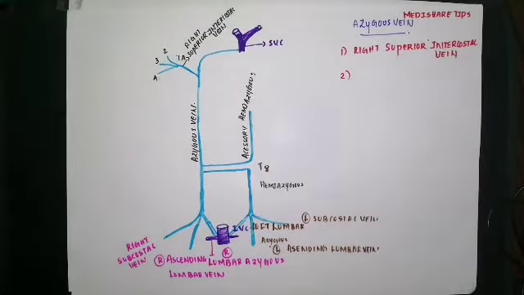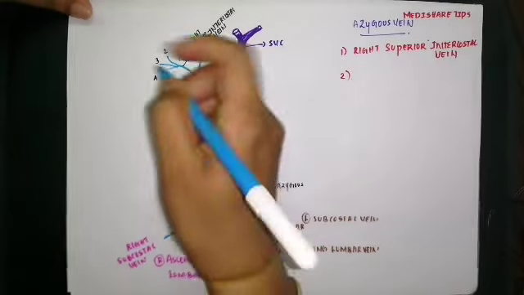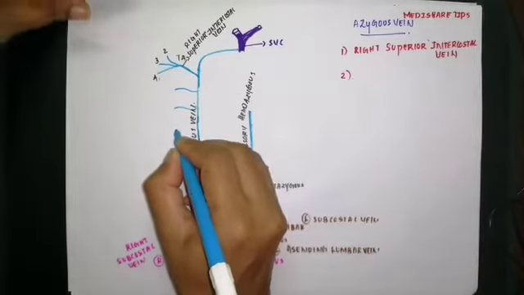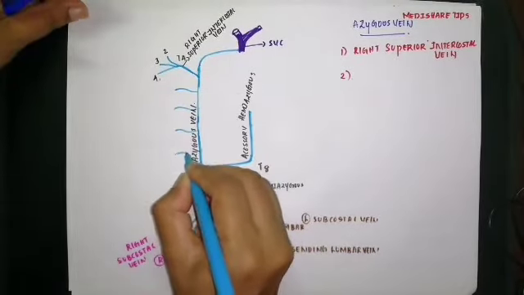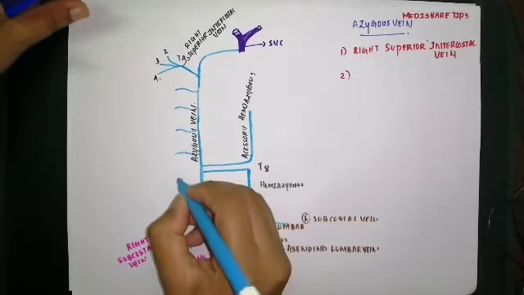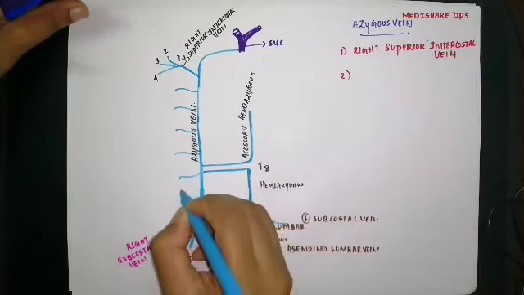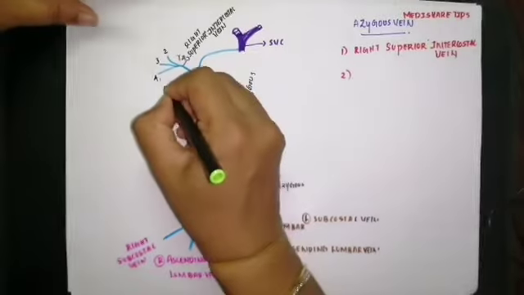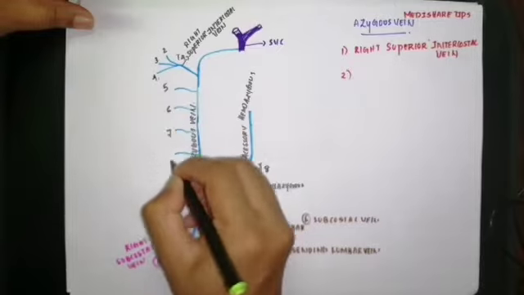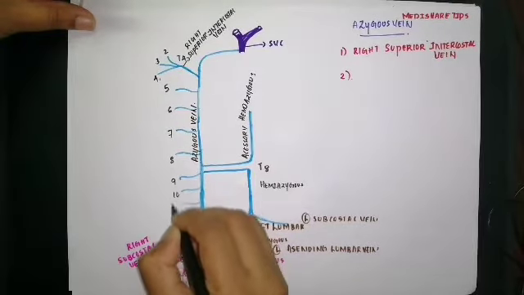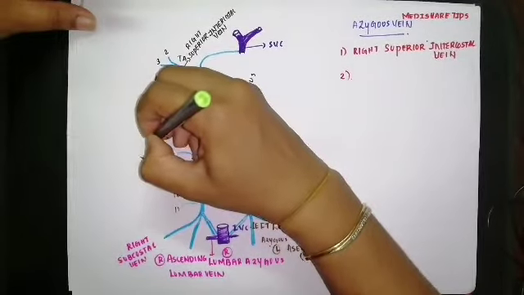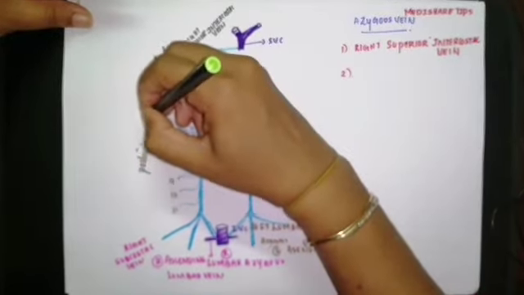Now, which are the other tributaries? All the other posterior intercostal veins, that is the fifth, sixth, seventh, eighth, ninth, 10th and 11th posterior intercostal veins, are draining into the azygous vein.